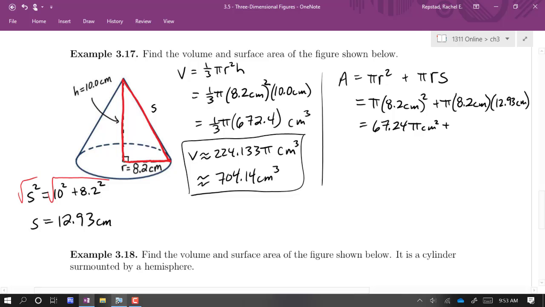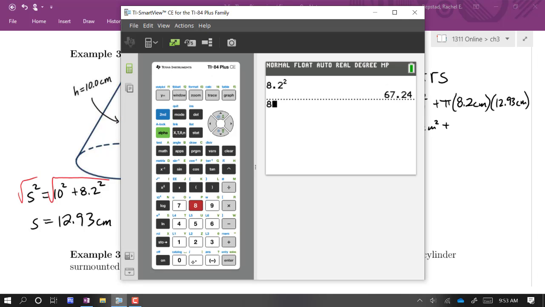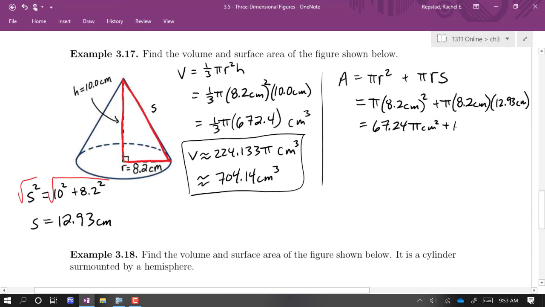And then 8.2 times 12.93 is 106.026 pi. These are both square centimeters.